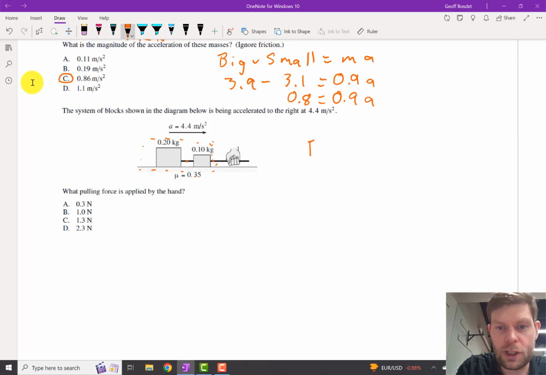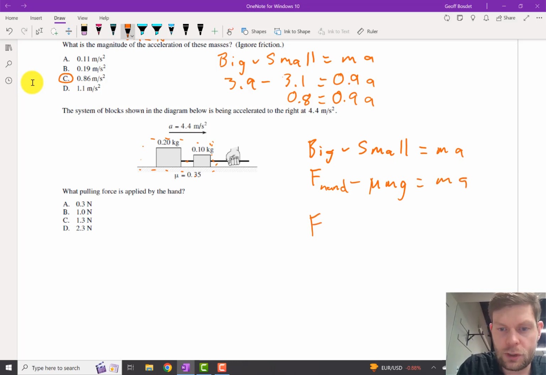So I'm just going to treat it like one big object. I'm going to do big minus small equals ma, the same way I always do when we got forces fighting and one of them winning. Big is the hand force. The small is friction, which is mu mg, and that's going to equal ma. Mu is 0.35.